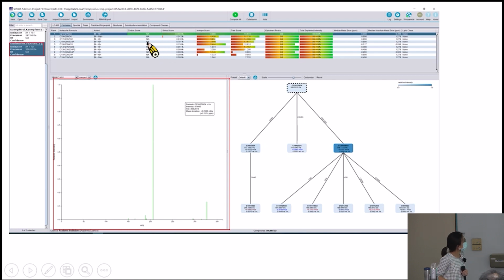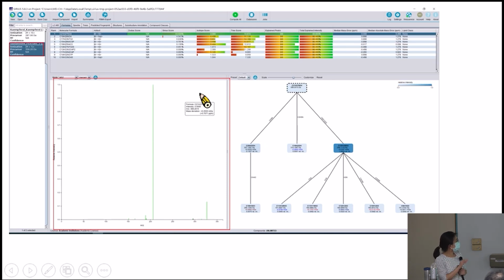But you can see that there are multiple scores. The higher score probably represents higher similarity. So this is one of the criteria. This score represents how confident you can be in annotating this as your unknown sample.